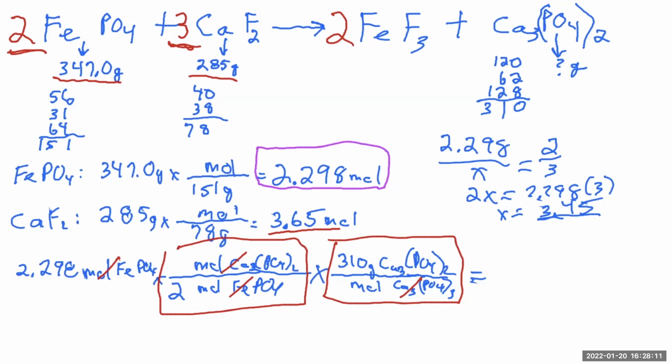And we're only good to 4 significant digits, right? Yeah. So 356.2.